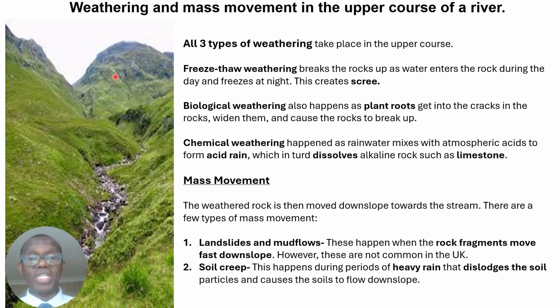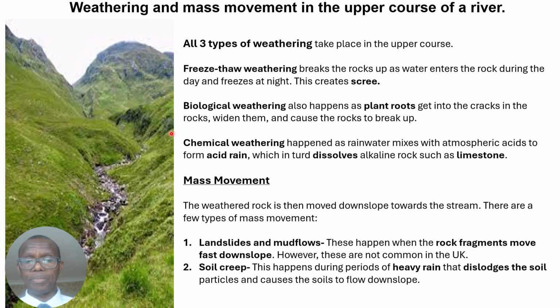So the three types of weathering will be taking place in the upper course of a river, and that is especially because these areas tend to have lower temperatures due to the altitude, the height or relief of the land, causing the temperatures here to vary to freezing during the night.